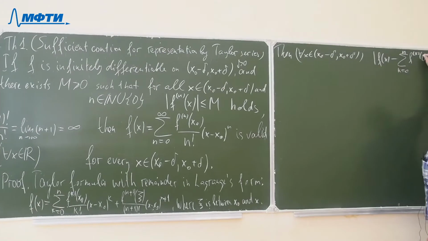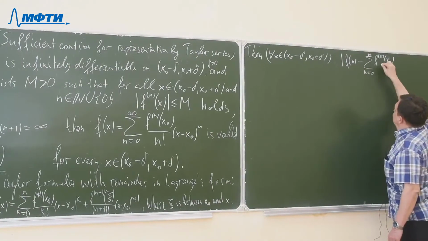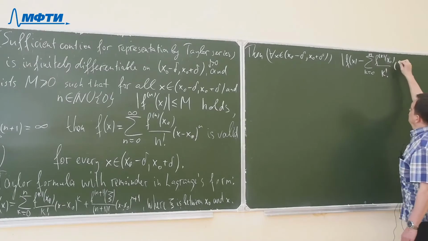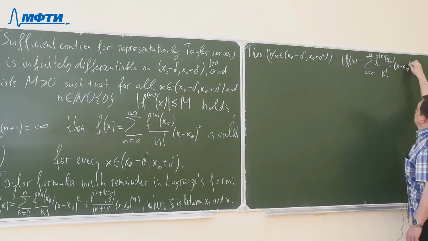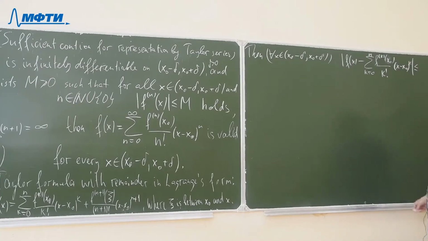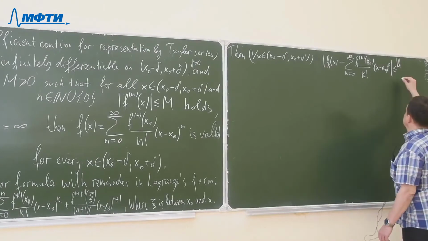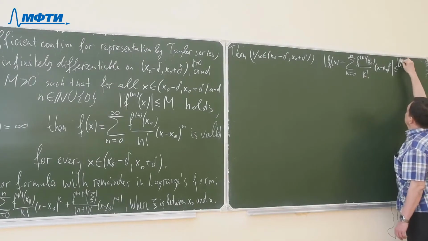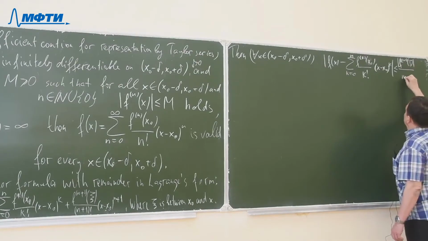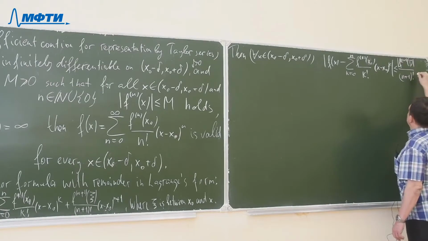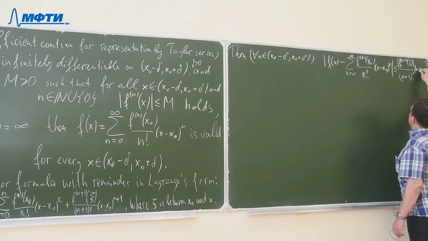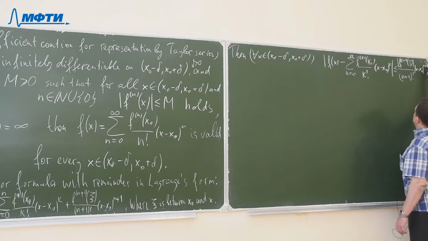We have the following estimate: less or equal, I rewrite what remains in the right hand side, derivative of order n plus 1 at a point xi over n plus 1 factorial times x minus x naught to the power n plus 1.